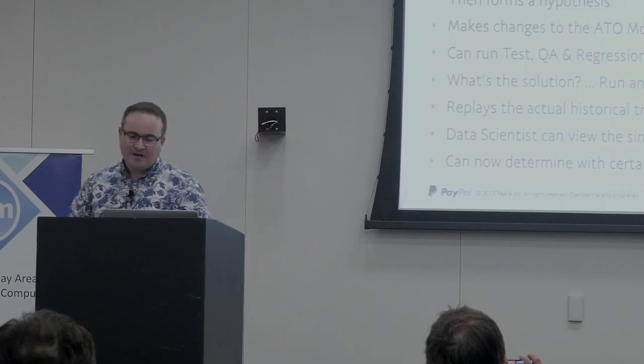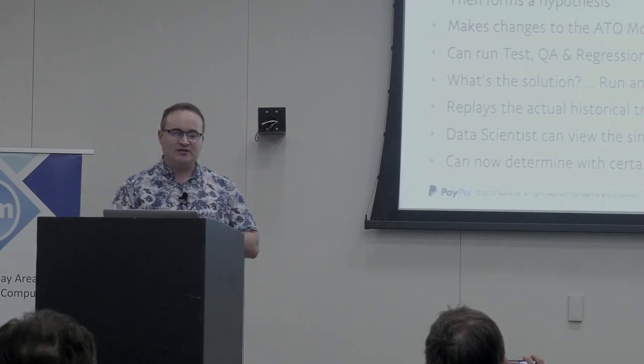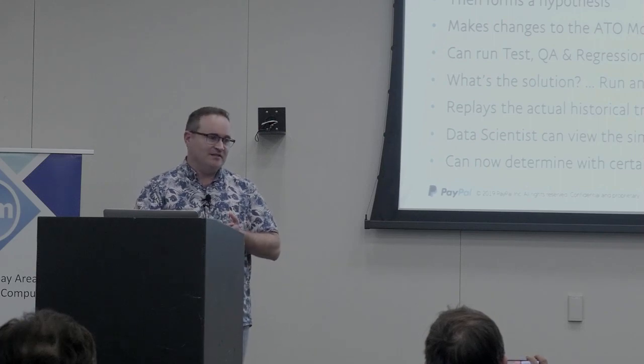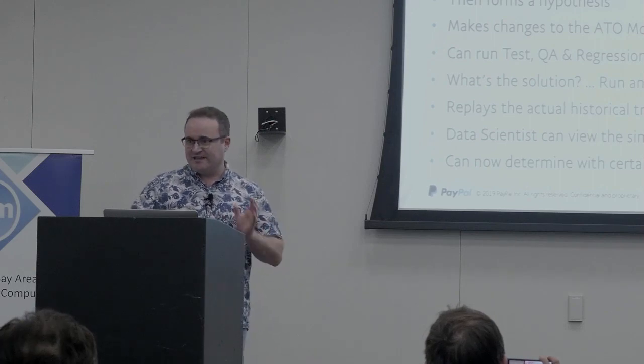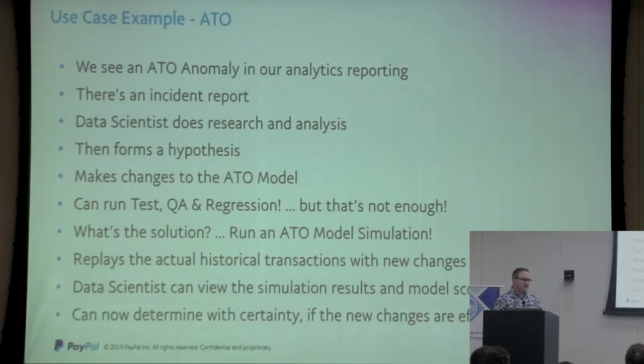Now, the resolution to an account takeover is relatively trivial: they call up customer service and get control back of their account. But we want to prevent those instances from happening, because once an account's taken over, if you don't get it back, they can do some damage.